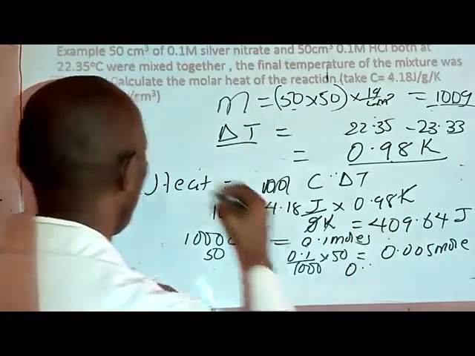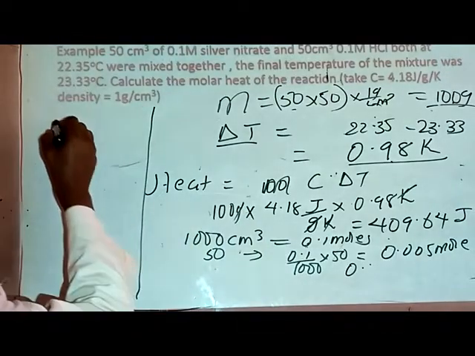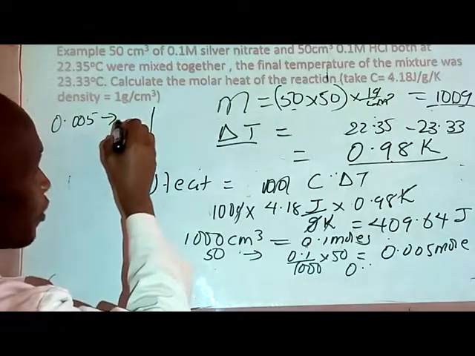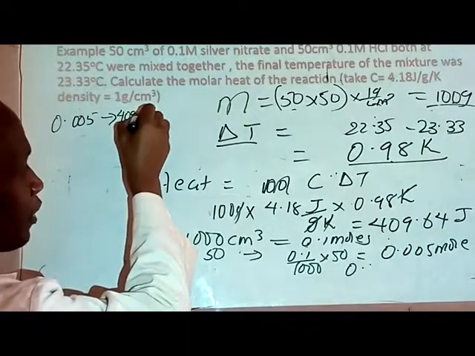So now let me write here for the sake of it: 0.005 moles produce 409.64.